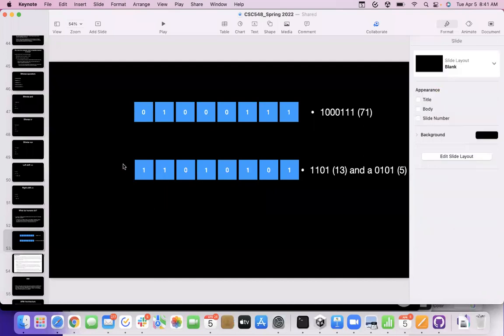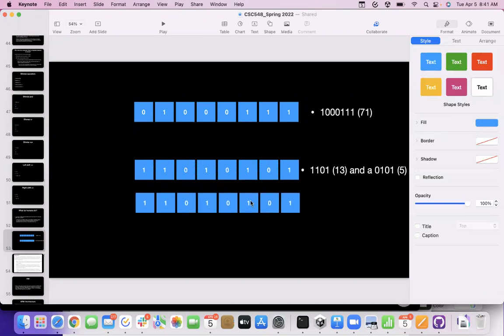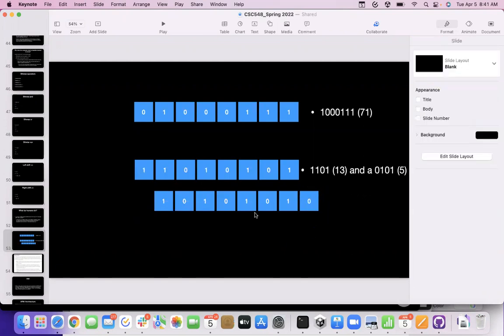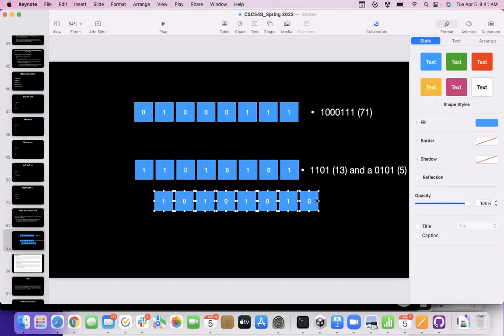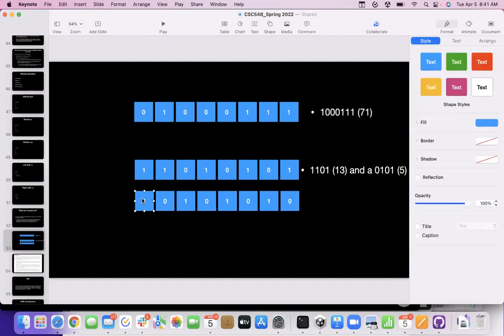If I shift this left, then everything is going to move left here, and I'm stuck with that. But the original one that we had here fell off the cliff. So we actually lost the value.